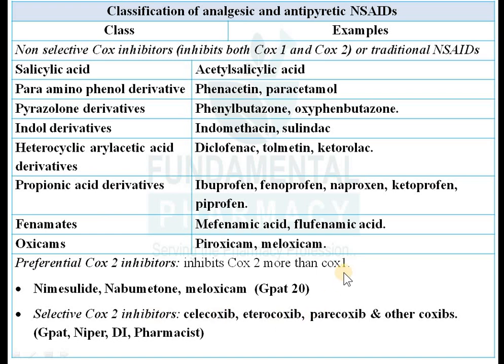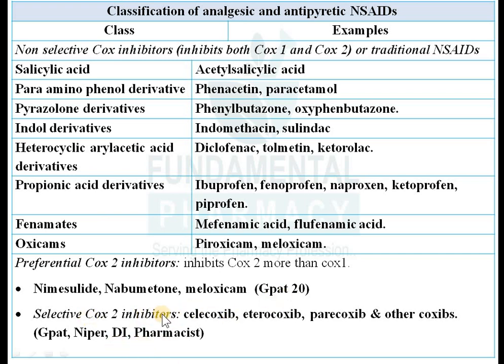There was a question in GPAT 20. They mentioned a few drugs like meloxicam, nimesulide, nabumetone, and the options were COX-1 inhibitor, COX-2 inhibitor, selective COX-2 inhibitor, and preferential COX-2 inhibitor. The answer was preferential COX-2 inhibitor.